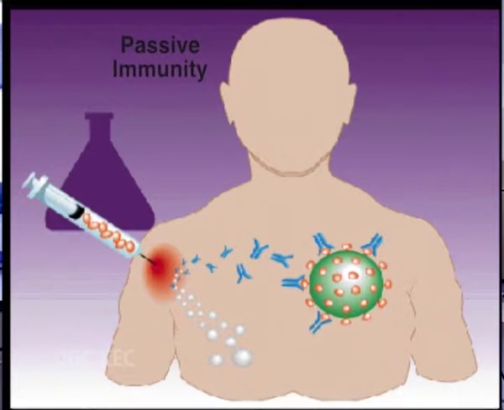These antibodies provide immunity immediately after their entry in the host. There is no latent or incubation period. This is a short-lived immunity and is provided at the time of emergency. It usually lasts for a few days to weeks.